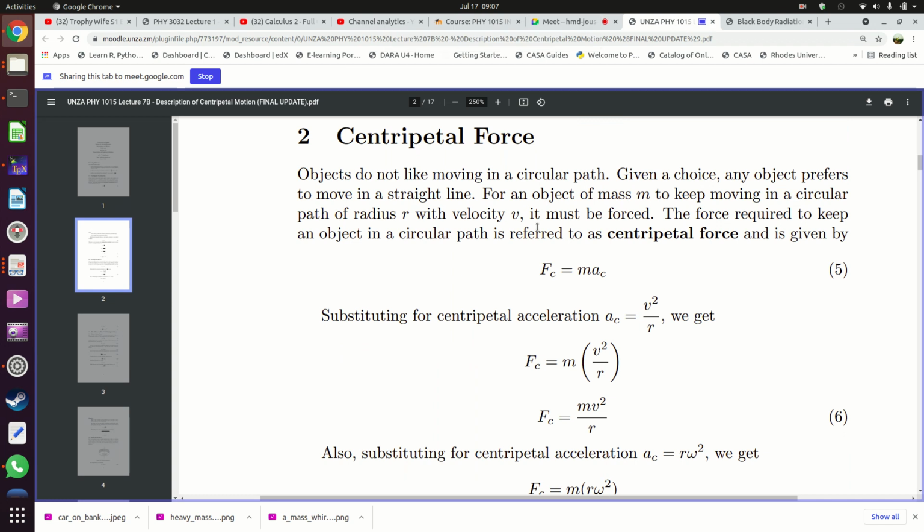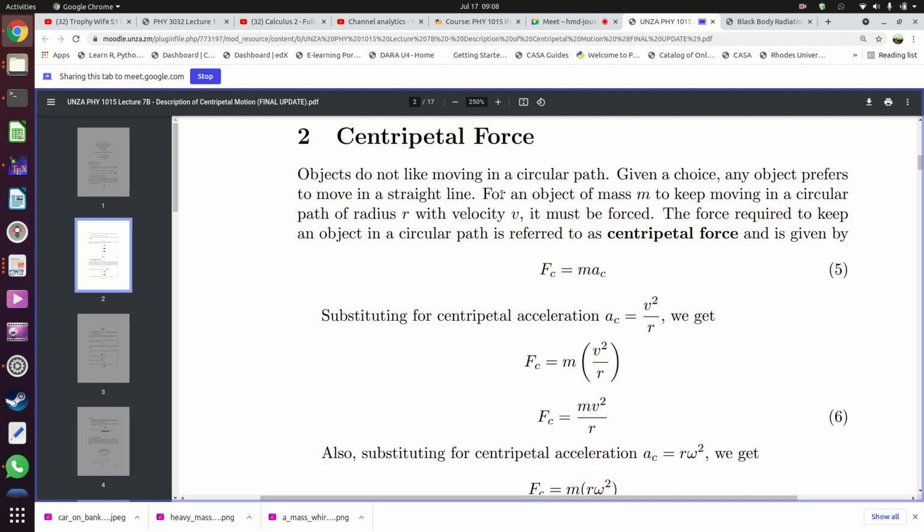You have an object of mass m, but the mass is not the reason why the object is accelerating. Whenever an object is accelerating, there has to be a force causing that acceleration. In this case, the force which causes an object to undergo centripetal acceleration is what's referred to as centripetal force.